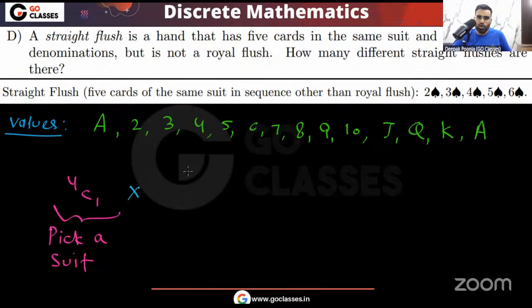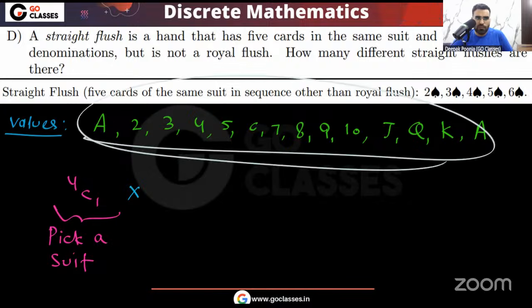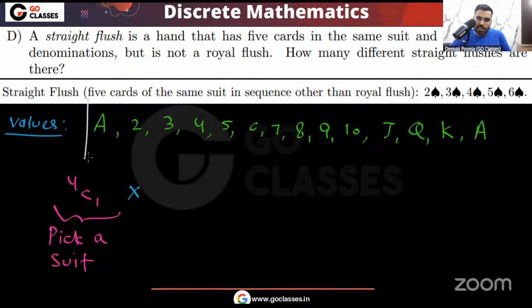Now once you have picked the suit, for any particular suit I need 5 consecutive values. I can start from here and take these 5 consecutive values, or start from here and take these 5 consecutive values, or start from here.